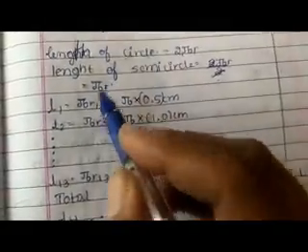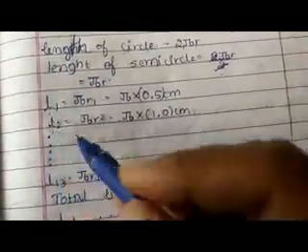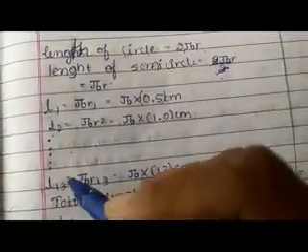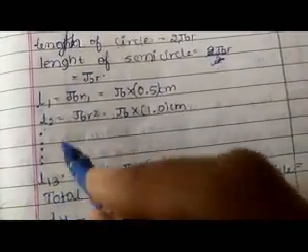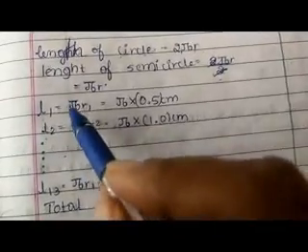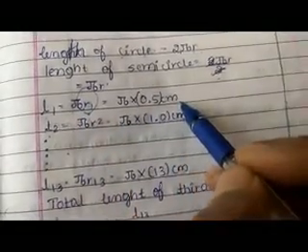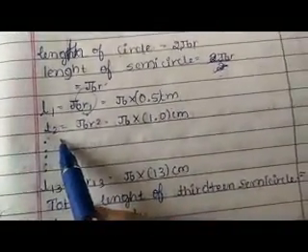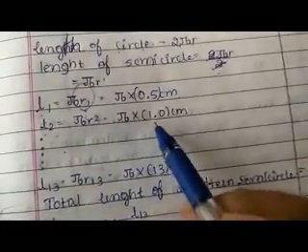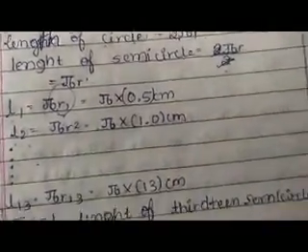Now we go for the length of the first semicircle, length of the second semicircle, length of the third semicircle, like that up to the length of the 13th semicircle. Length of the first semicircle is pi r1. You know r1, that is 0.5 centimeter. Next L2, that is pi r2, pi into 1.0 centimeter.